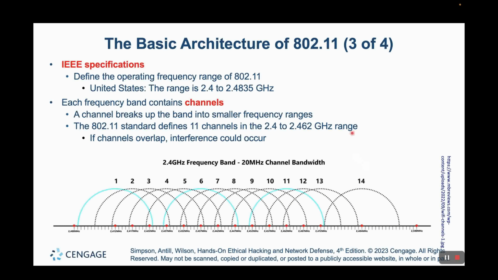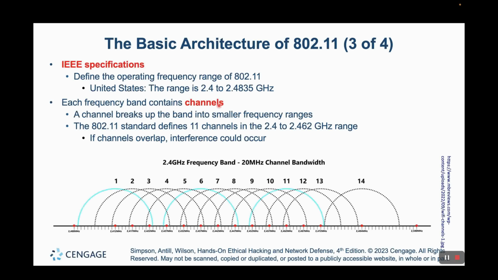Now let's look at the basic architecture of 802.11. The IEEE specification defined the operating frequency range of 802.11, and this is the range for 2.4 gigahertz. Each frequency band contains channels.